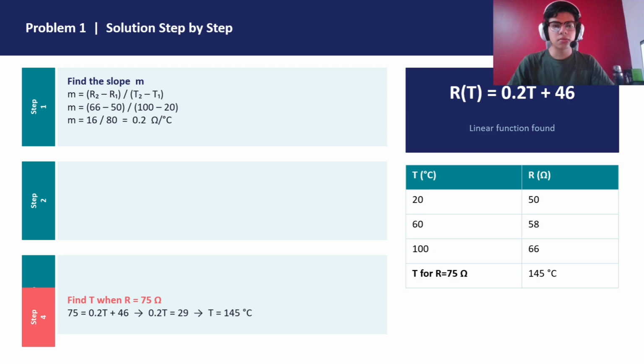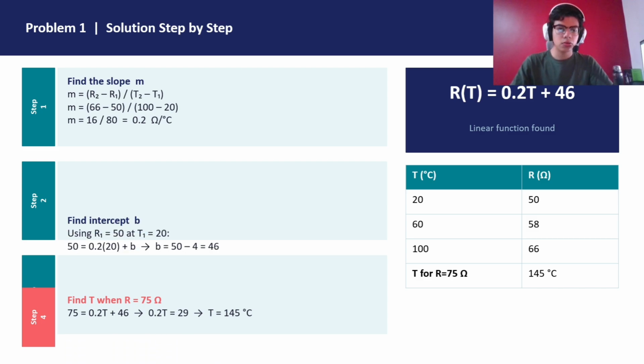Like that gives us m equals 41 divided by 80. That is 0.5 ohms per Celsius.